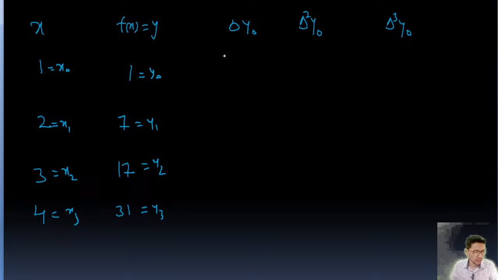So now we'll find delta y naught. Delta y naught means y1 minus y naught, right?